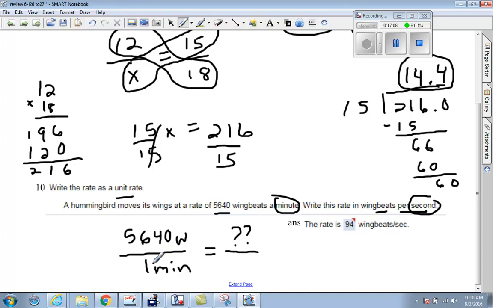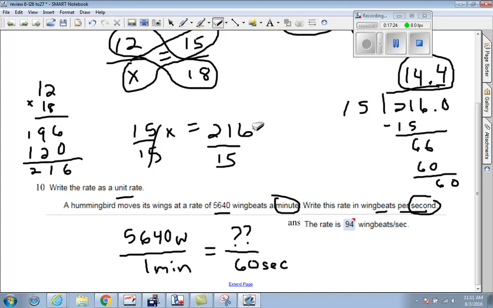But let's just think about it logically. We need to get to seconds, so let's just replace 1 minute with seconds. Oh gee, there's 60 seconds in a minute. So we know that 1 minute is equivalent to 60 seconds.